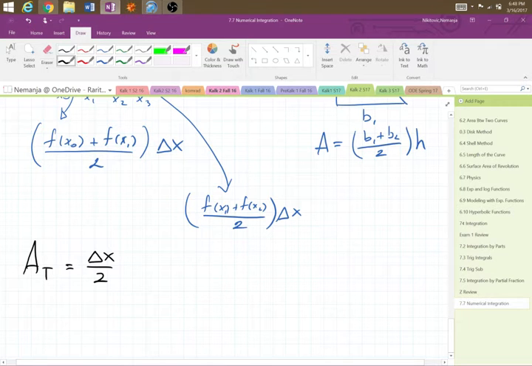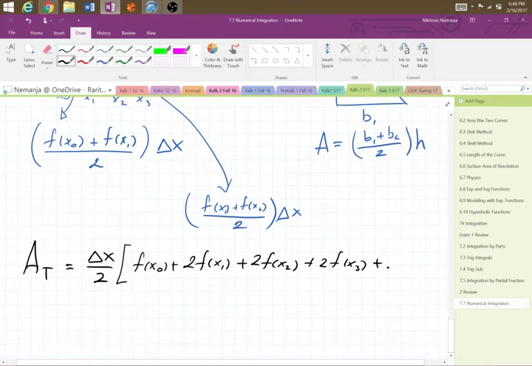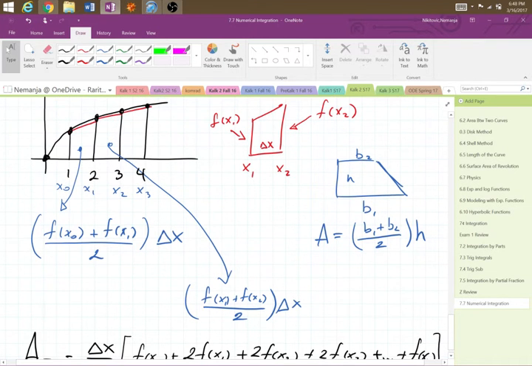And then f of x0 plus 2f of x1 plus 2f of x2 plus 2f of x3 plus the all 2's except the last one, f of xn, is single. In our case, what's single? This one, x3 at 4.